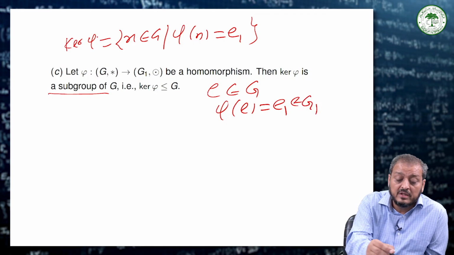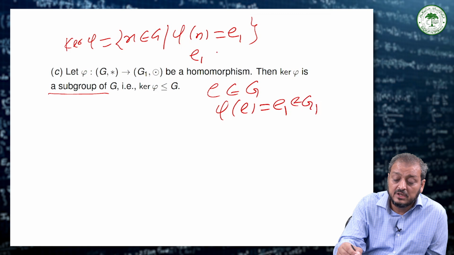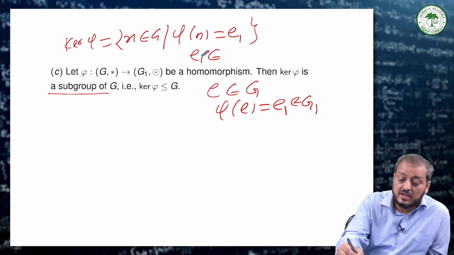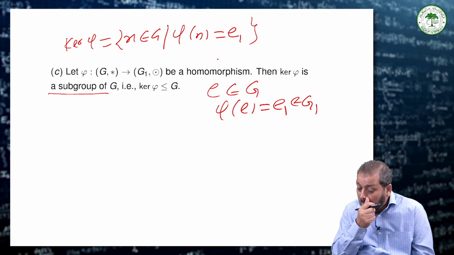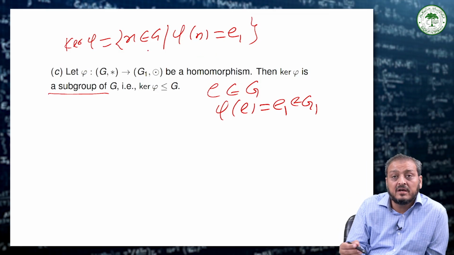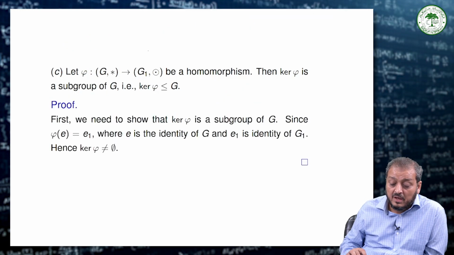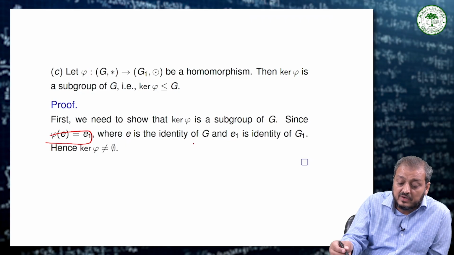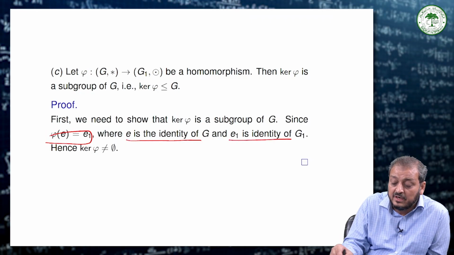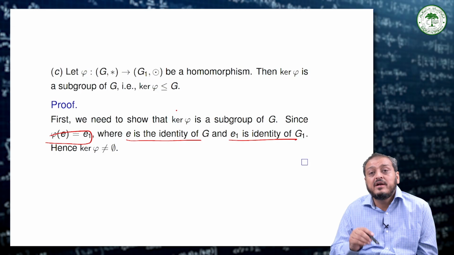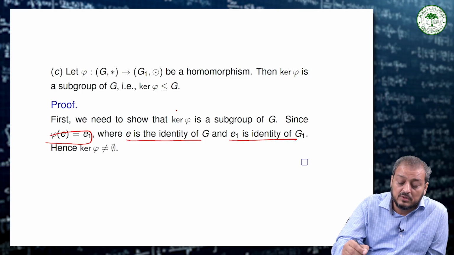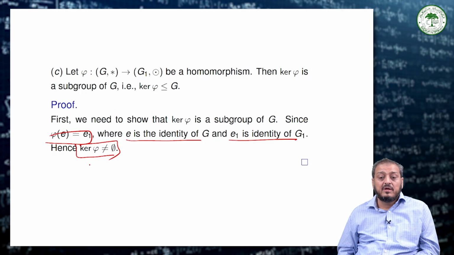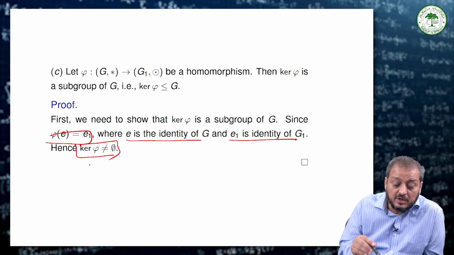So, this means that E is an element of the kernel, that is, at least the identity element belongs to the kernel. So, we can say that the kernel of phi is clearly non-empty.